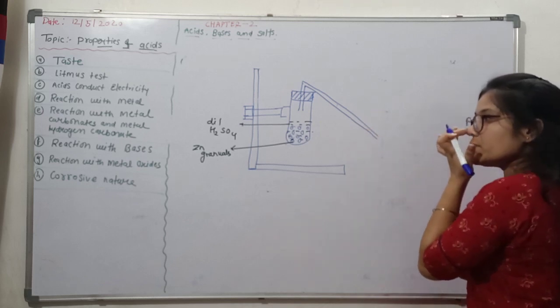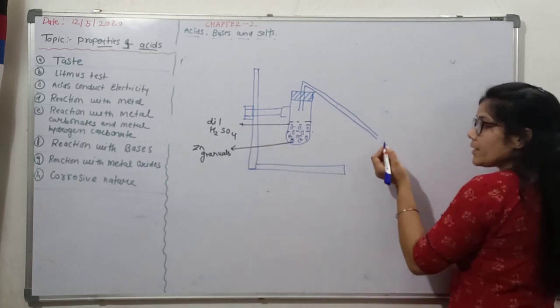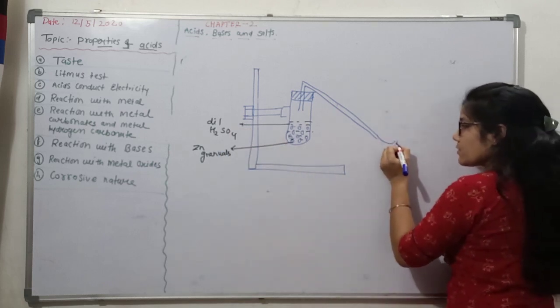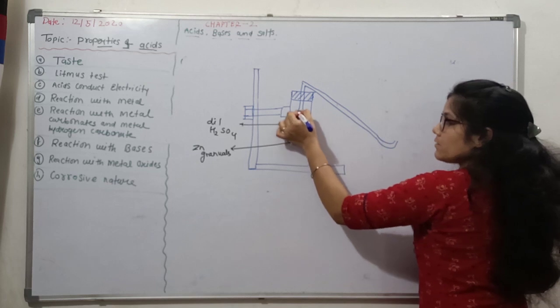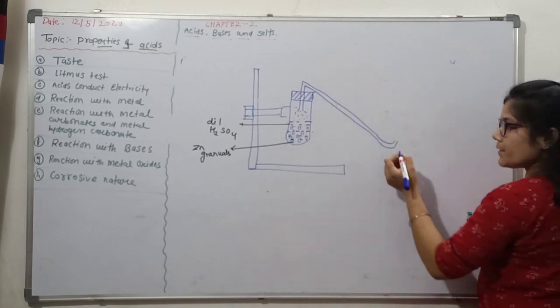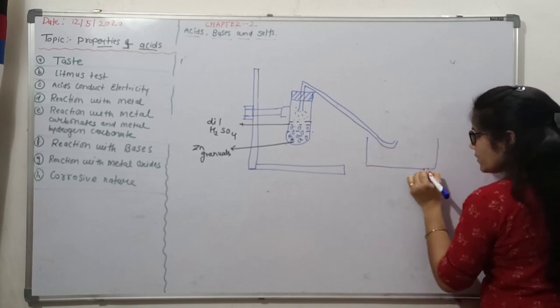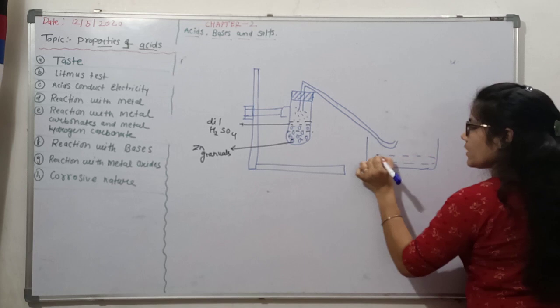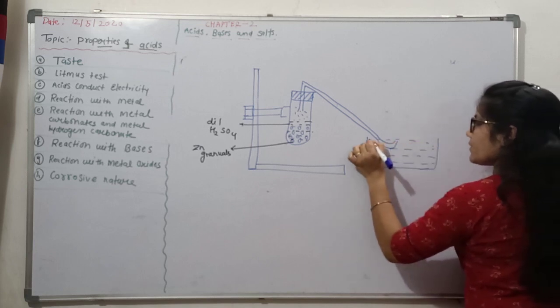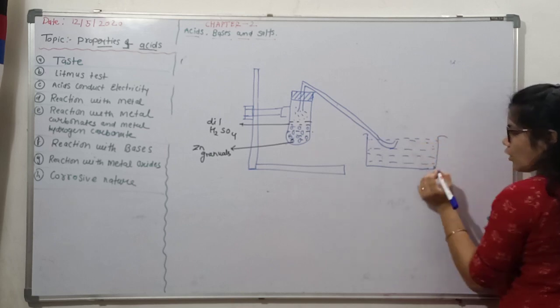Because according to the reaction, when zinc metal reacts with H2SO4, it produces hydrogen gas. So the gas goes up and is transferred to a container filled with soap water.